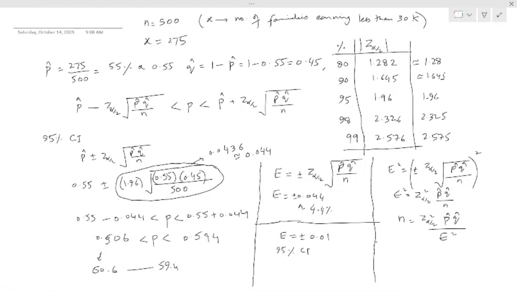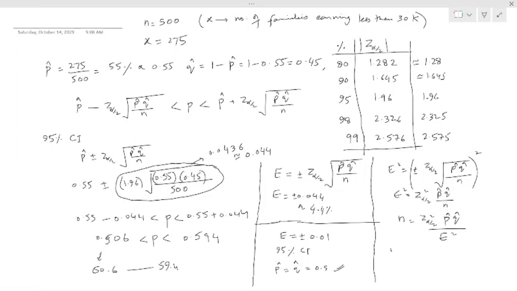Second situation is, you may be given a new value of p cap. Third, you may be given the words in the question 'without making a guess'. If we are given 'without making a guess', then p cap should be taken equal to q cap equal to 0.5. So let's assume that we are given this condition.